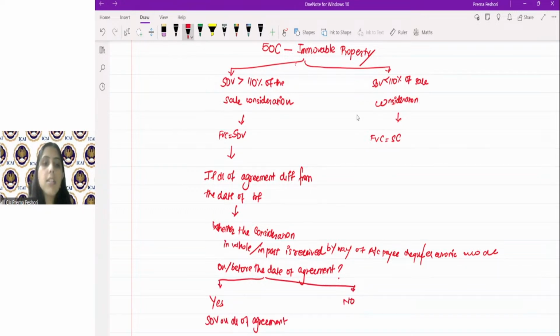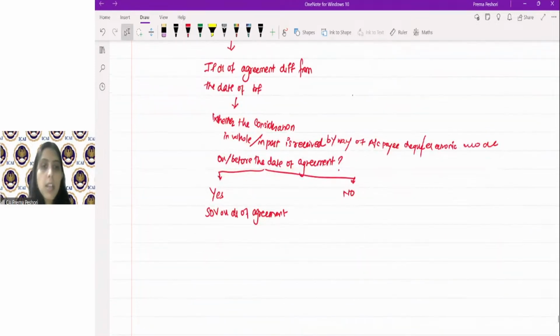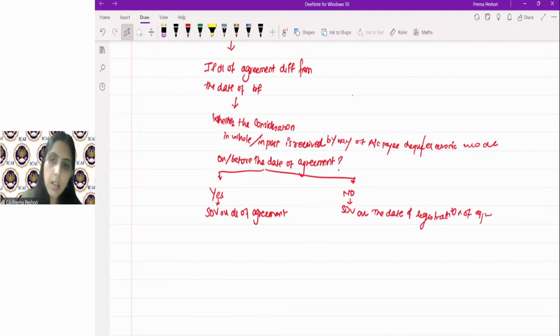In case the answer is no, then you need to take the stamp duty valuation on the date of registration of the agreement. Right? Are we clear?